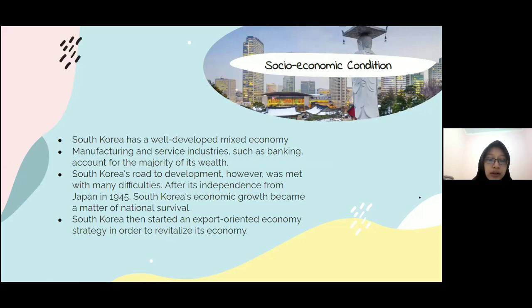However, South Korea's road to becoming a developed country was met with many difficulties, especially after its independence from Japan in 1945. South Korea's economic growth became a matter of national survival. To solve the problem at the time, South Korea started an export-oriented economy strategy in order to revitalize its economy.